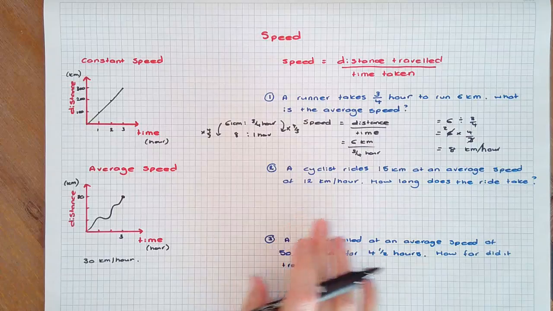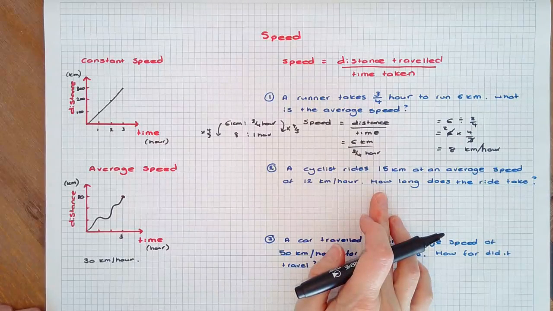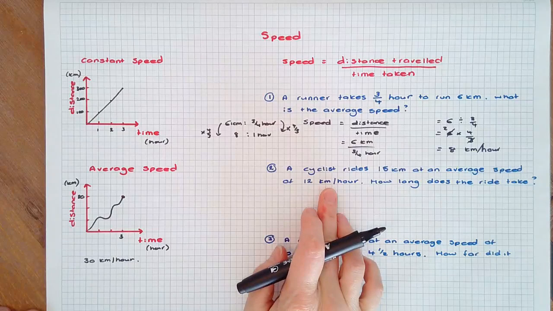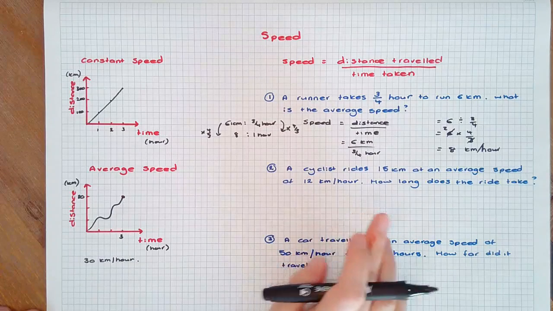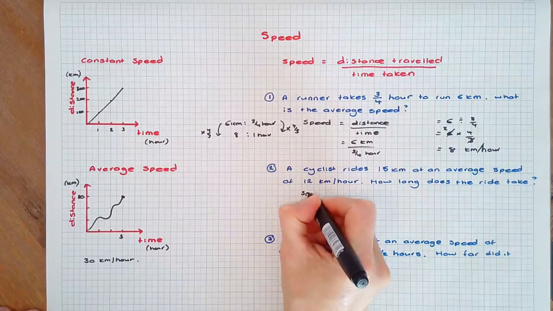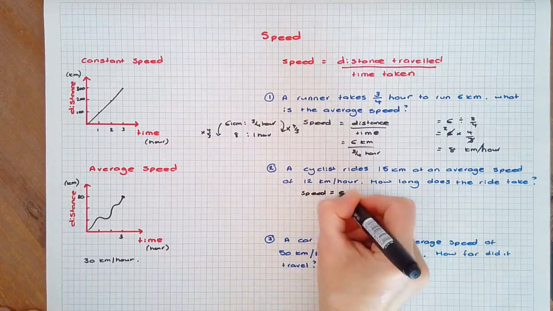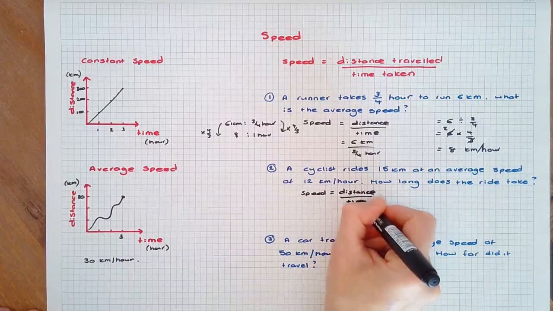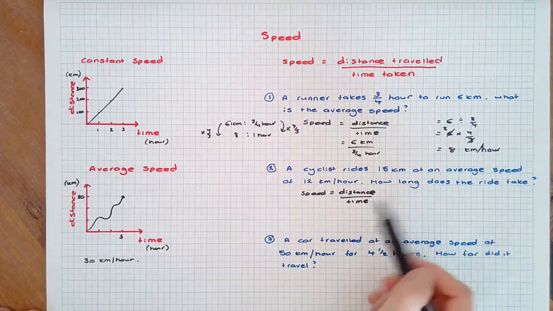A cyclist rides 15 kilometres at an average speed of 12 kilometres per hour. Here we've been given the speed. How long does the ride take? Let's just use speed equals distance divided by time and fill in what we know.